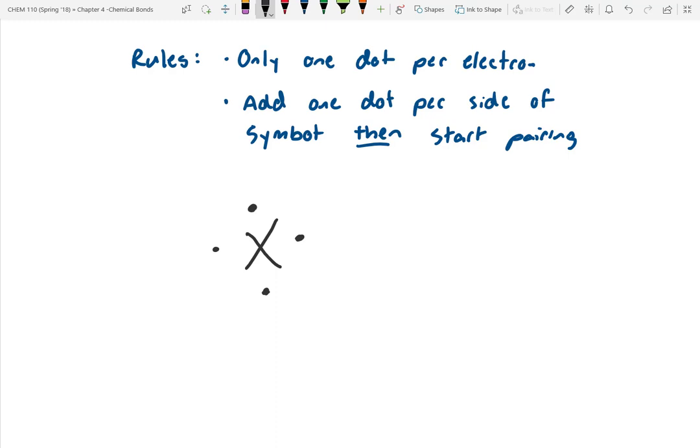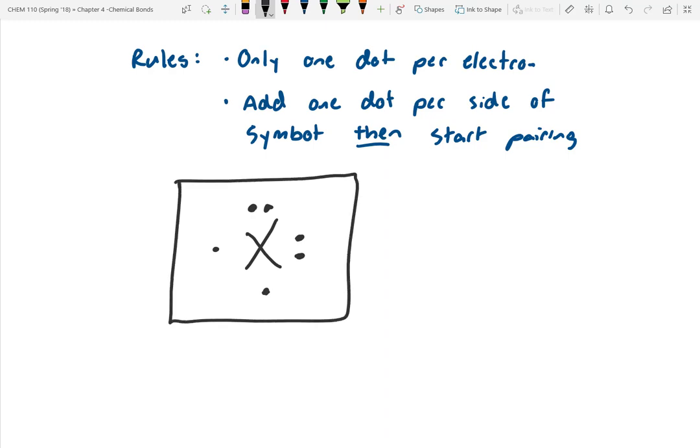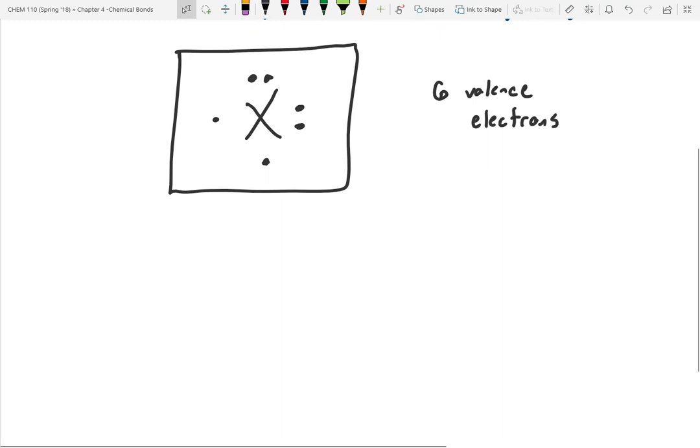And now we need to add 5 and 6. So 5 would go up here, we'd have a paired set, and then 6 would go right there. Does that make sense? Pretty simple rule for drawing a symbol with 6 electrons. So this one has 6 valence electrons. All right, let's do a little bit of practice, and I want you to check with your neighbor and see if you're on the right track.